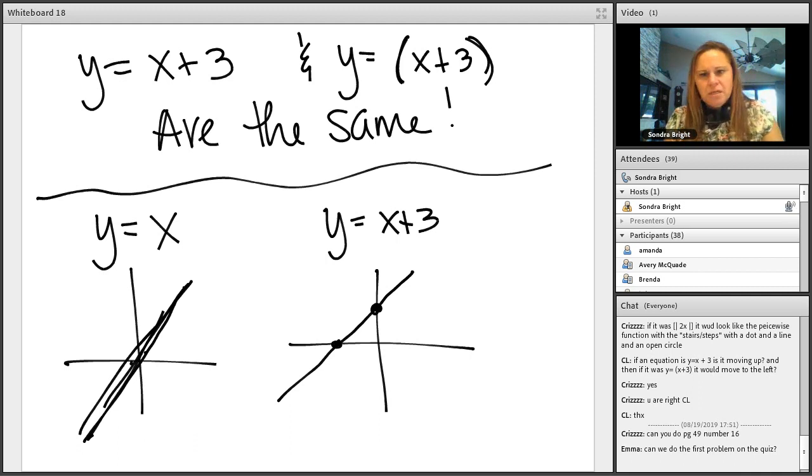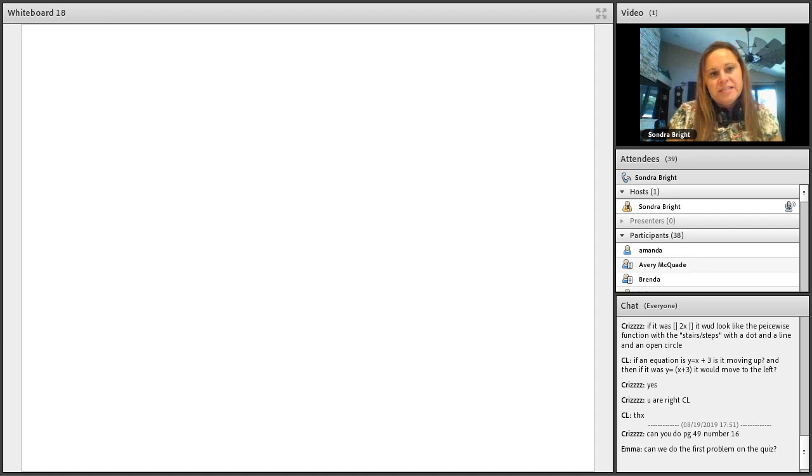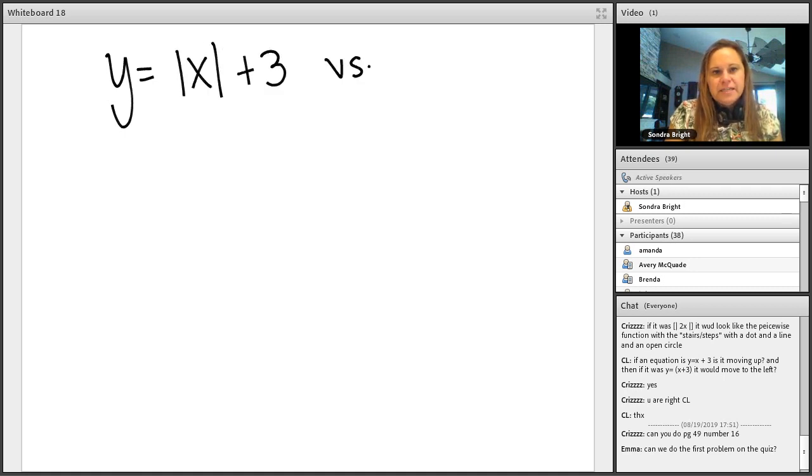But most equations don't do that. It's only because this is linear and doing the one shift happens to do the same. So it's a unique problem. What you really are going to see are things like you need to know the difference between this versus that.